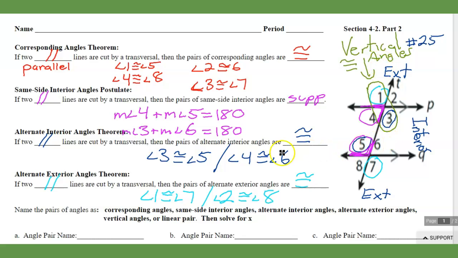Those are congruent. And then lastly, we have, what's it called when they're just on a 180-degree angle or a straight line, separated by a common side? So 7 and 8, 5 and 6, 3 and 4, 2 and 1, all those are linear pairs. Okay?